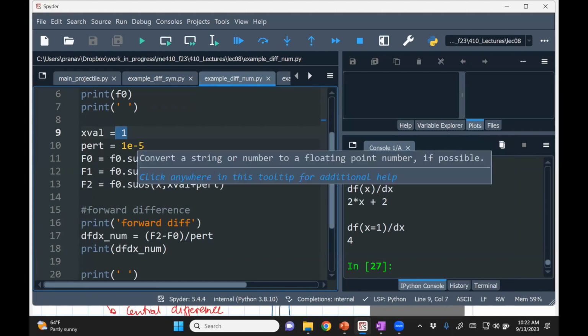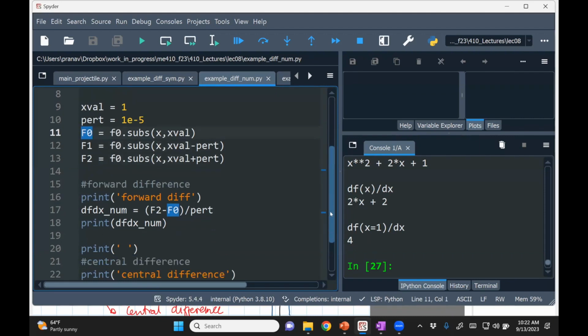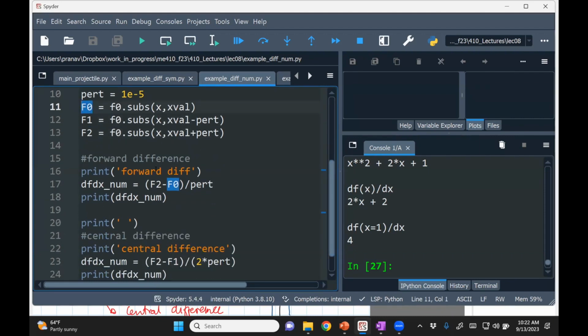I perturb, so instead of using 10 raised to negative 4, I use 10 raised to negative 5. And I compute f0, f1, f2, the same things which I wrote down on paper, and then forward difference. f2 is my value, which is perturbed by a positive number, and then central difference, which is f2, f1, the same thing I wrote down.